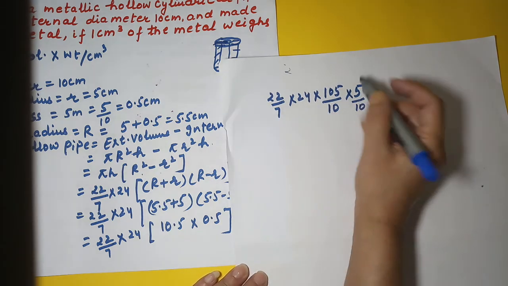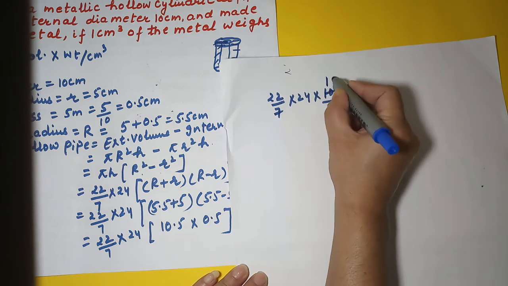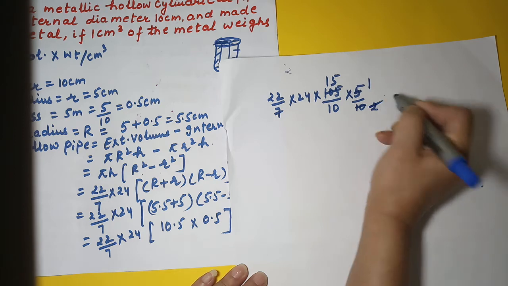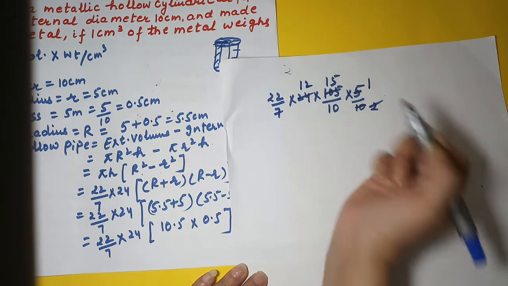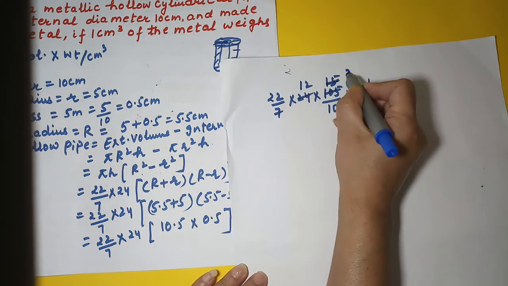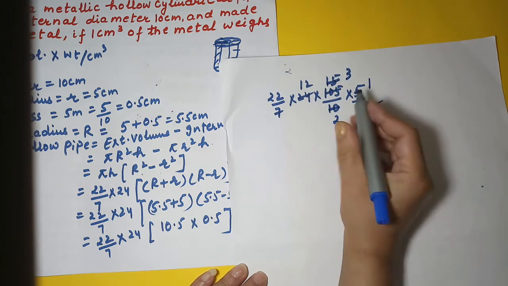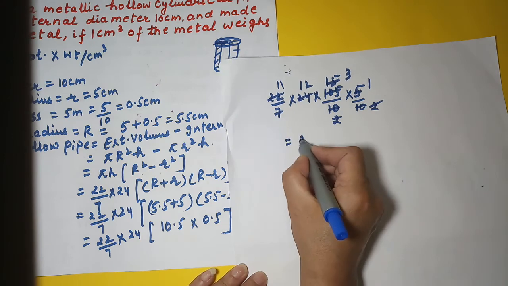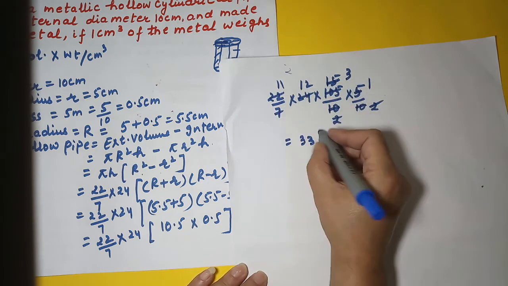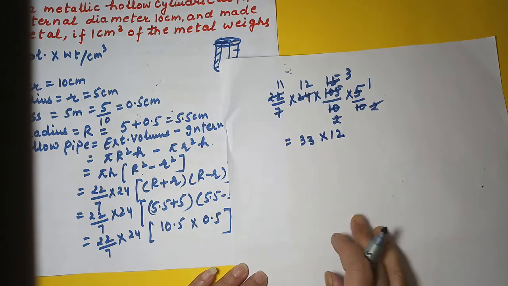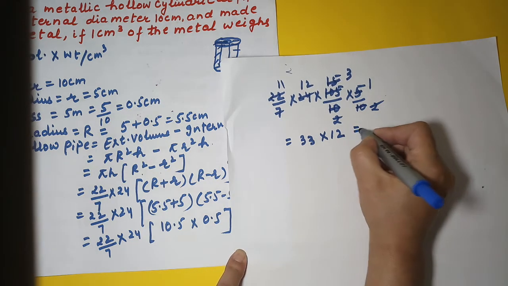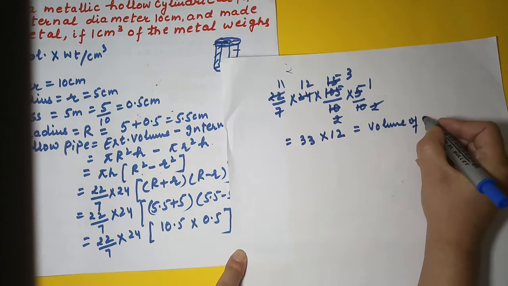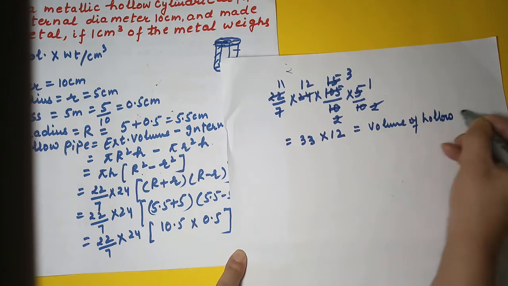So let me simplify this. 7 ones are 7, 7 fives are 35, 5 ones are 5, 5 twos are 10, 2 12s are 24, then 5 threes are 15, 5 twos are 10, so again 2 11s are 22. So finally I have 33, 11 threes are 33, into 12. This is my volume of the hollow cylinder. Hollow metallic cylinder.